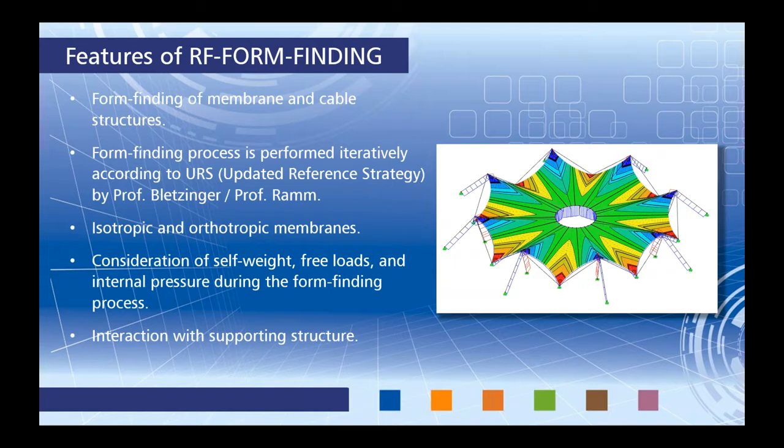Now this is a very complex process, but it also is one of the most accurate processes. We can also take into account both isotropic and orthotropic membranes, which we'll see in today's example. We can consider self-weight, free loads, and internal pressure during the form-finding process. And lastly, we can take into account the interaction with the supporting structure. Again, I'll show you that with the example today.